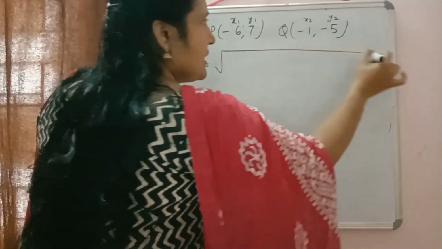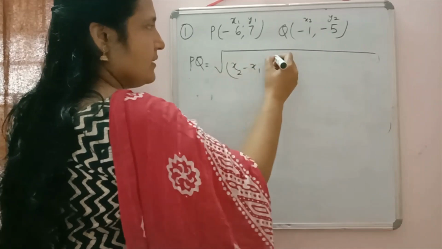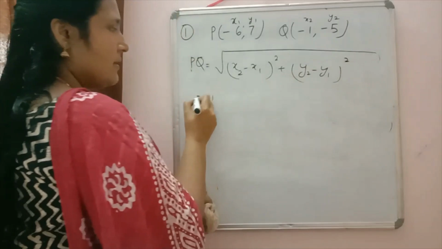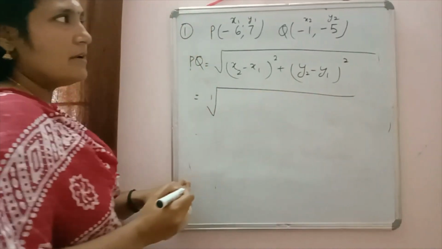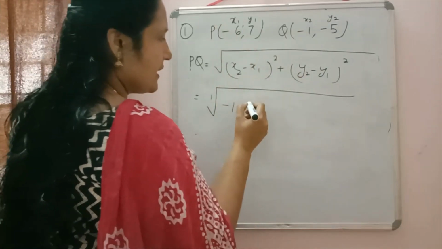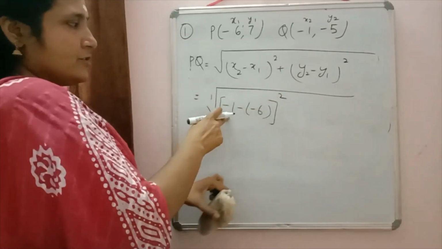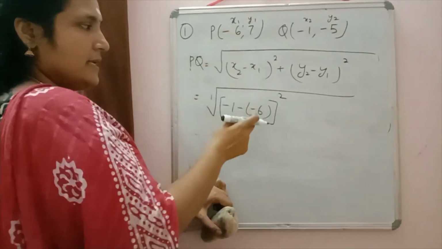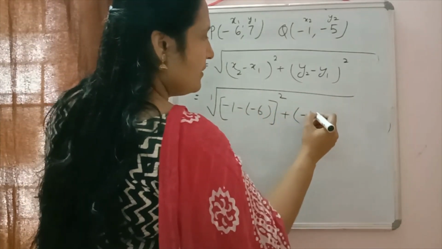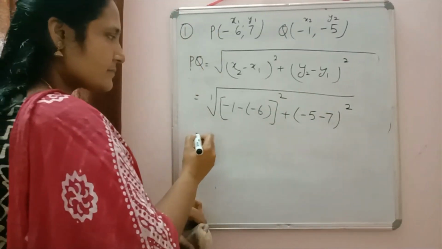So write down PQ is equal to square root of, the formula is (x2 minus x1) the whole square plus (y2 minus y1) the whole square. Now we will substitute the values. Our x2 is minus 1, minus x1, which is already negative, so put the bracket there, the whole square, plus y2 minus y1, that is minus 5 minus 7, the whole square.